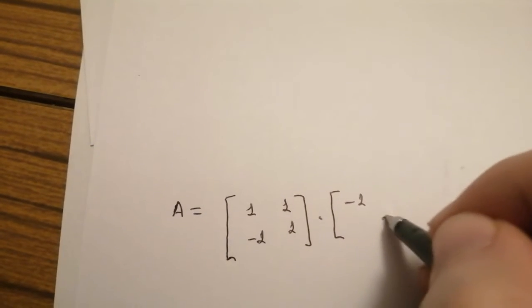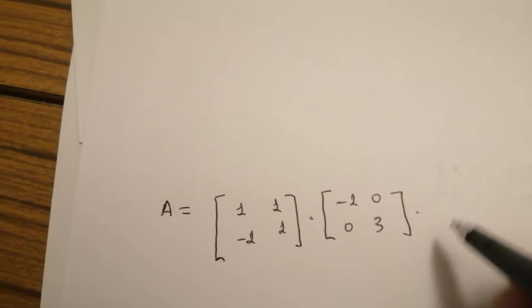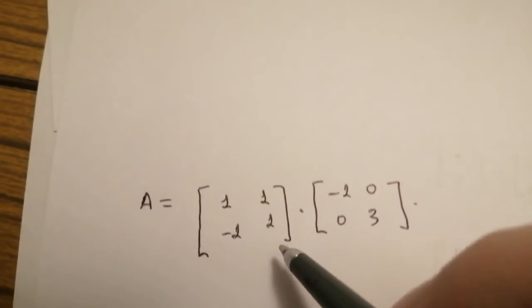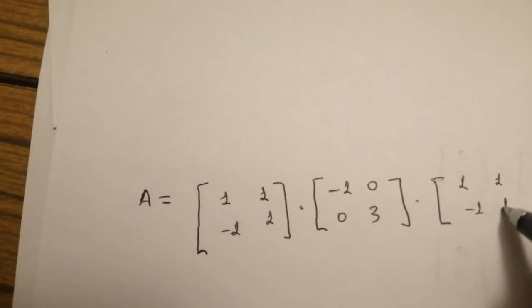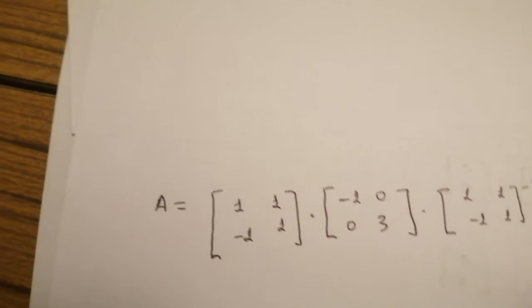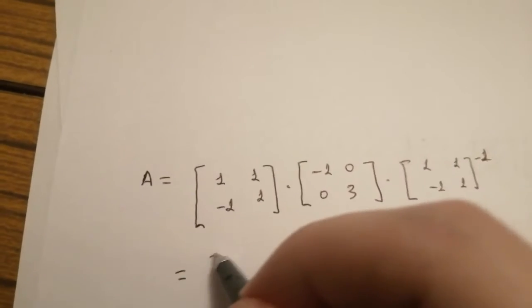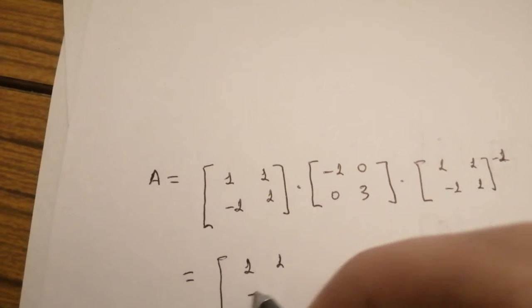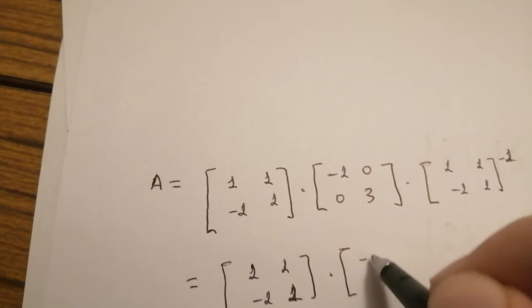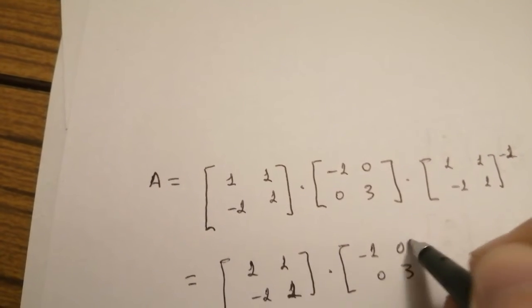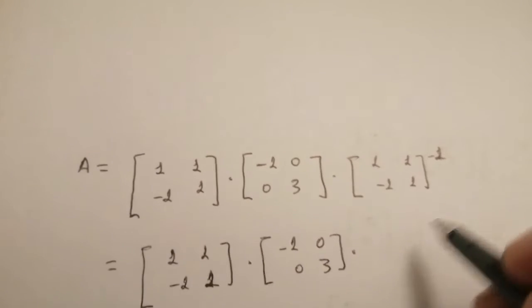[Minus 1, 0; 0, 3], times the inverse of this matrix, [1, 1; minus 1, 1], the inverse.